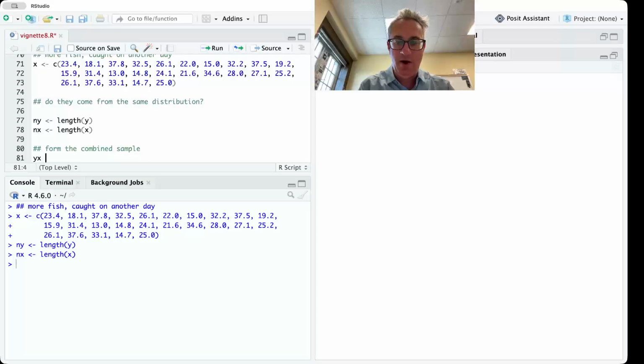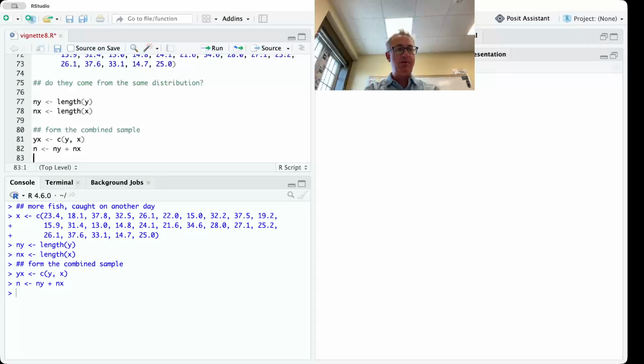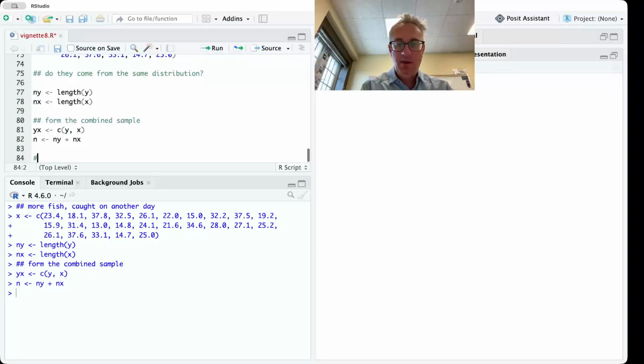I like to call that yx because we're putting y right next to x. And it should have ny plus nx observations, which I'm now going to call n. And then my statistic, first I'm going to do based on y bar minus x bar. So my statistic on the combined sample.